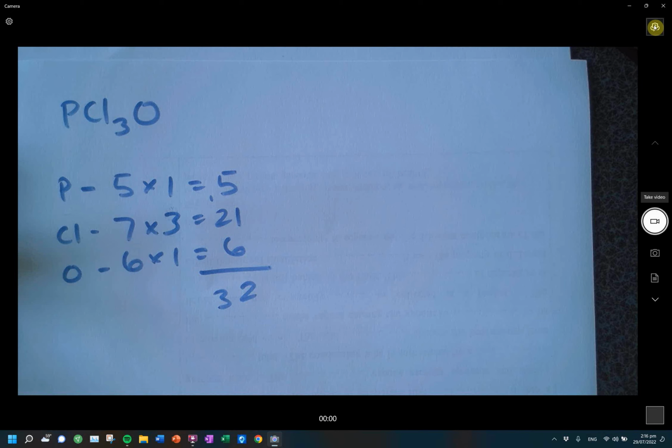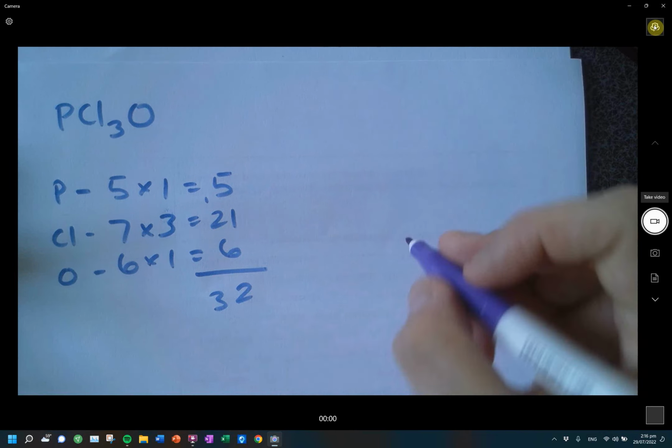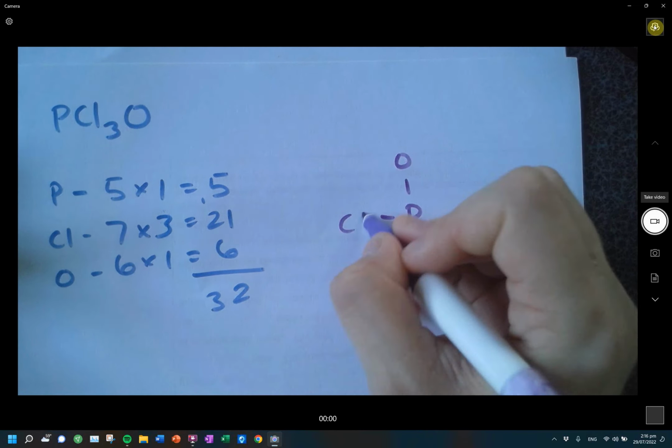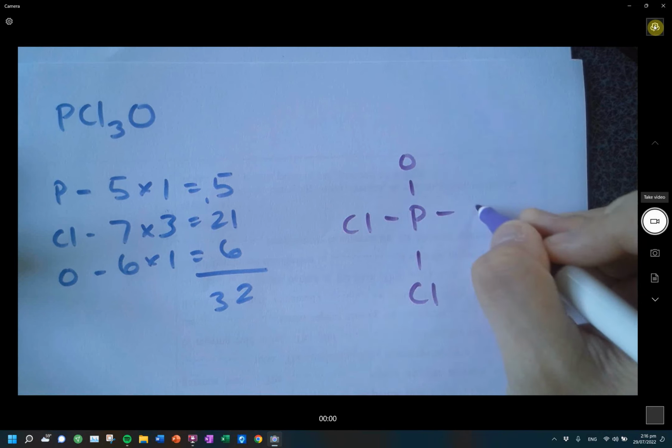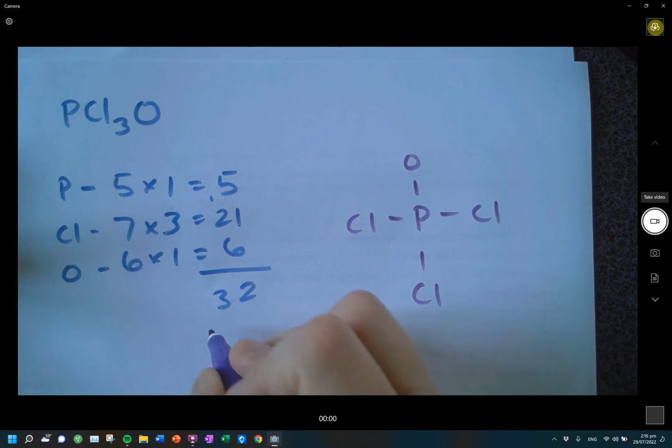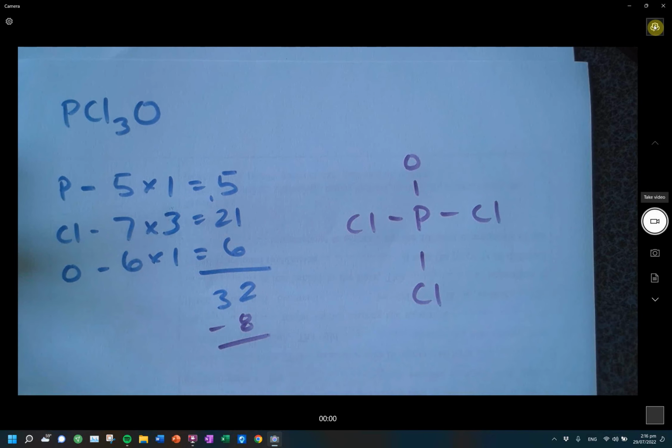Yeah. Okay. All right, phosphorus is the one that's going to go in the center. Assume everybody has 1 bond. Yeah, this is a good one to show you guys, actually. That gives me 8 electrons. So 32 minus 8 is 24.